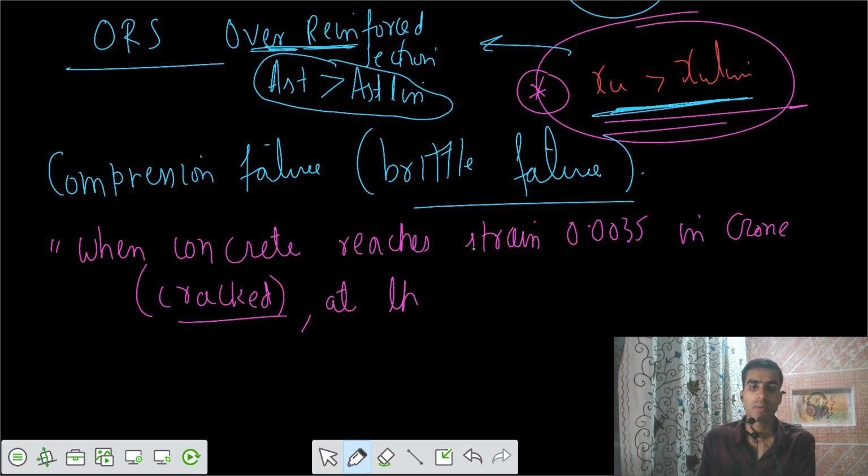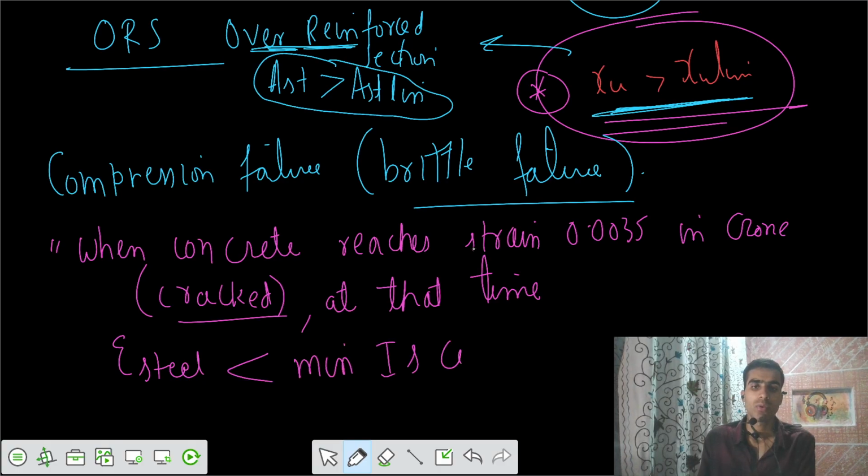At that time, what was the strain in steel? Strain in steel is lesser than the minimum IS codal value.